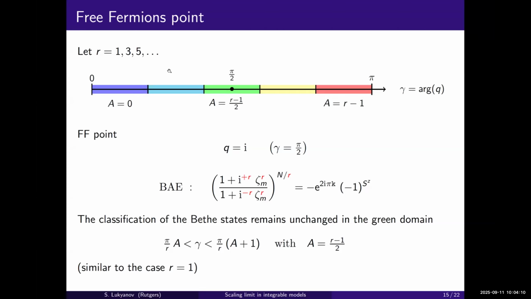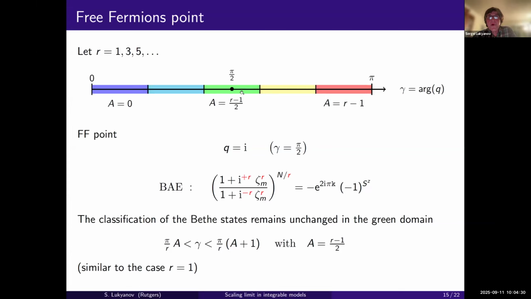So this appears in the case when R is odd. Then we have the following picture, and we have a central domain which contains the point pi over 2.